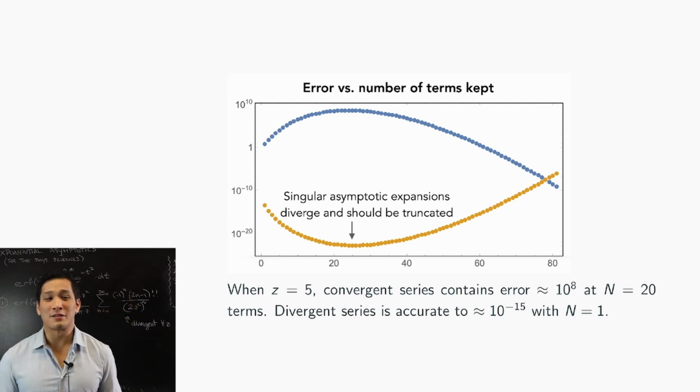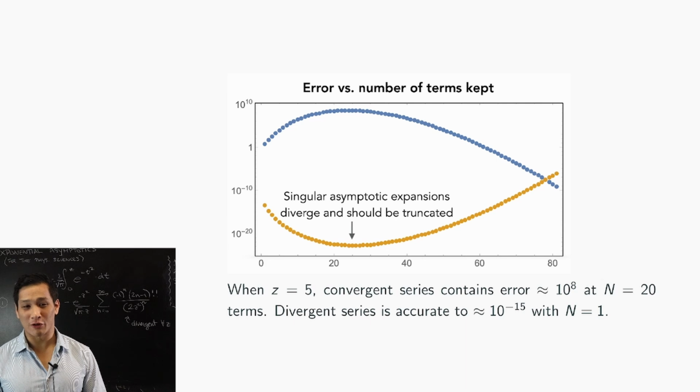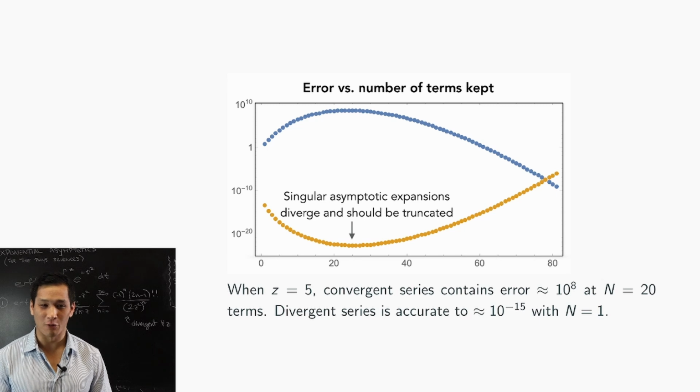So in practice, you would never use the convergent series because you don't want to be handling terms of order 10 to the 8 in your arithmetic, and you would just use the divergent series. And this, of course, gets better as z increases, right? But even for z equal to 1, the divergent series gives a very good approximation of this integral.